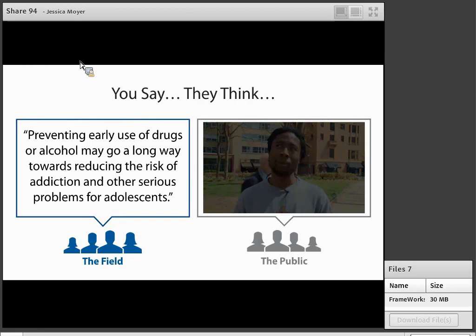So obviously the intent of this message didn't land where the communicators hoped that it would land. It actually encouraged folks to think, well, maybe if we get younger kids experimenting with drugs earlier on, they'll get it out of their system and then they won't be inclined to use in more problematic ways later on.